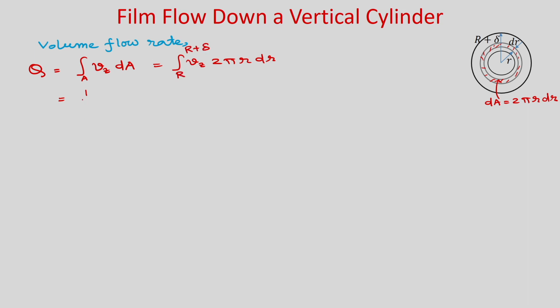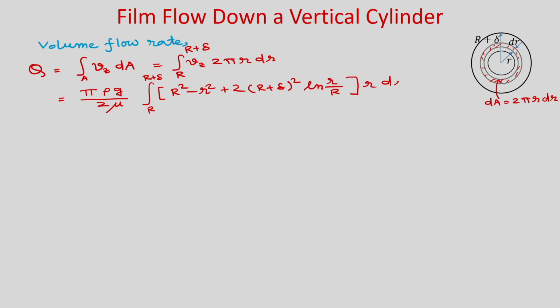So, here now you can see that the constants you can take outside the integral, pi rho g by twice mu, r to r plus delta, r square minus r square plus twice r plus delta square ln r by r into r dr. Okay.